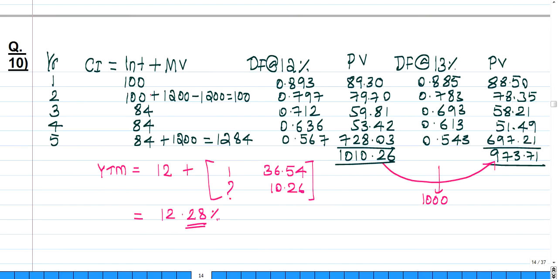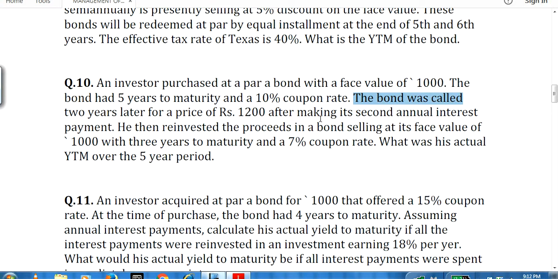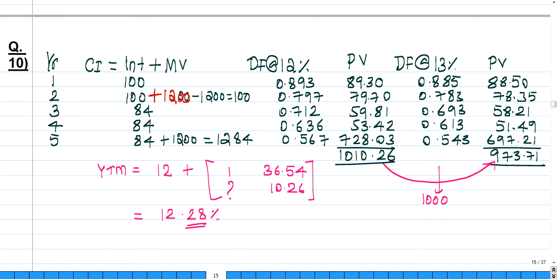So you will receive 1200. So plus 1200. Then what they said, after making its second annual interest payment, he then reinvested the proceeds in a bond selling at its face value of 1000 with 3 years to maturity. Again reinvestment. So your cash outflow is minus 1200.